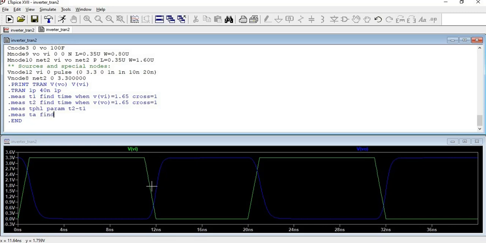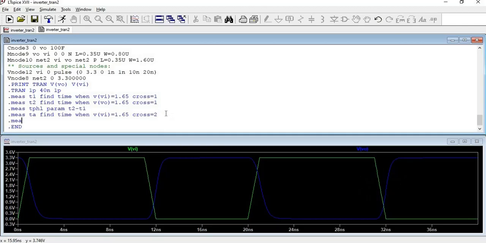TA, find time when VI is equal to 1.65 cross equal to 2. So at this area, if you're going to use this waveform, that would be on the fourth time that you cross the 1.65 value. So cross would be 4 if you use these points.